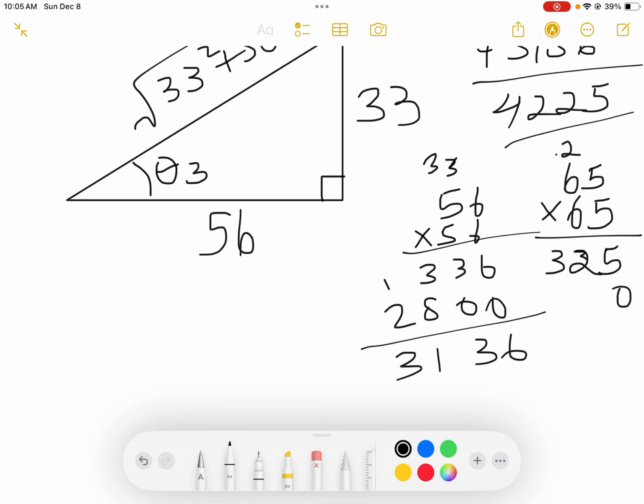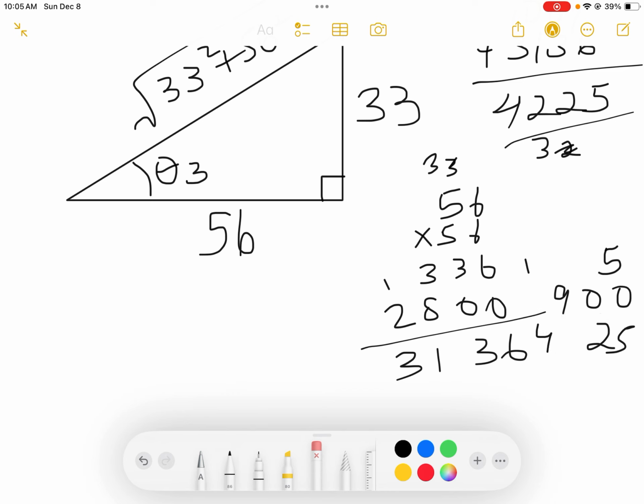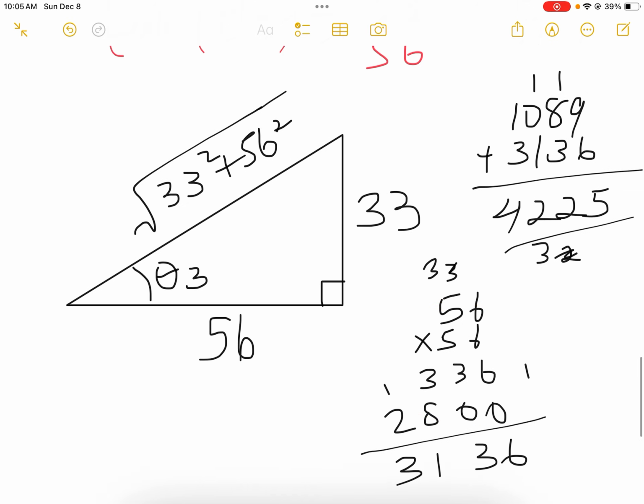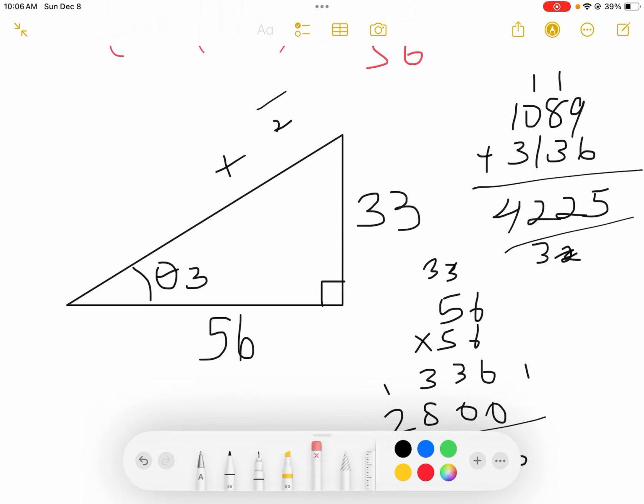Okay, that's done. 3, 39. 5, 2, 2, 4. Well, would you look at that? Turns out that the square root of 4,225 is indeed 65.